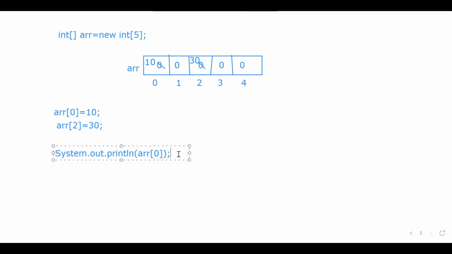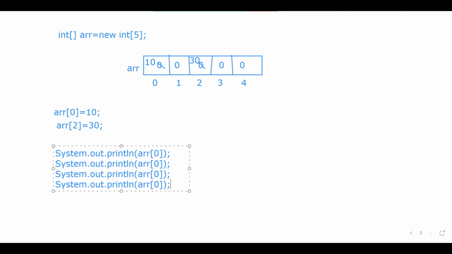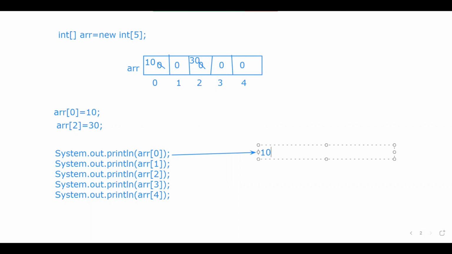Similarly, I'll replace the index value with 1, 2, 3, and 4. You can see here, guys, this is how we can retrieve the values from an array. Now look at the output of this particular line. It will go to system.out.println ARR of 0, means in the array ARR, in the 0th index, what value is present? 10 now. So it will print 10 over there.